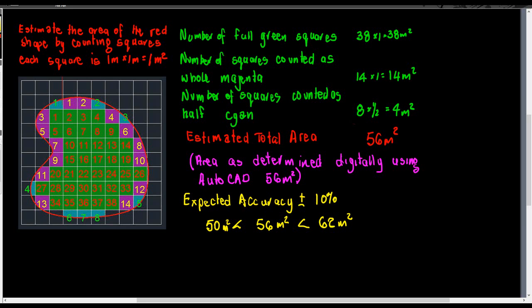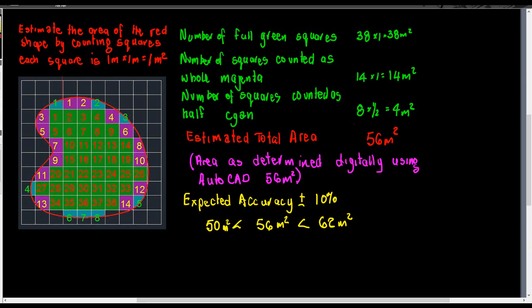With an expected accuracy of plus or minus 10% over 56 square metres, that's roughly 5 or 6 square metres, rounding up. So you would expect to get an answer somewhere between 50 square metres and 62 square metres. So quite a range there, but as I say, it depends on what you're using it for, how accurate your answer needs to be. If there's huge amounts of dollars involved in the area that you determine, you might want to be a bit more careful.